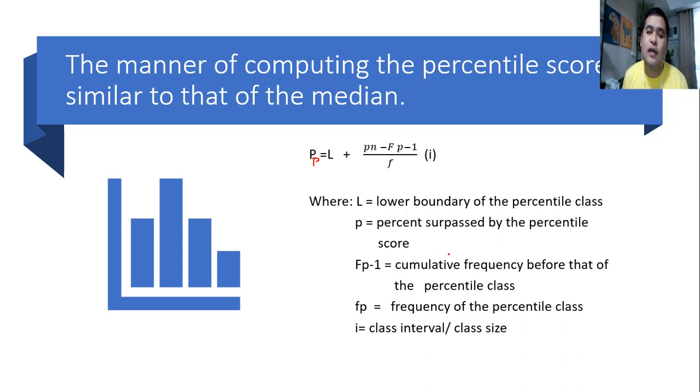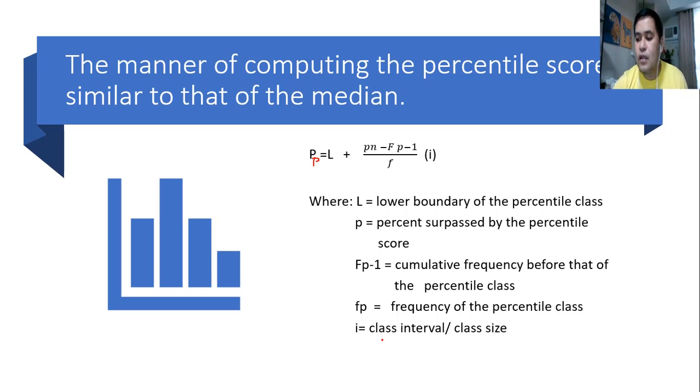We usually have a demarcation line in order to separate the cumulative frequency before the percentile class. And of course, we have the Fp, or F alone, the frequency of the percentile class, and your I as the class interval or the class size. So you just have to understand this formula.